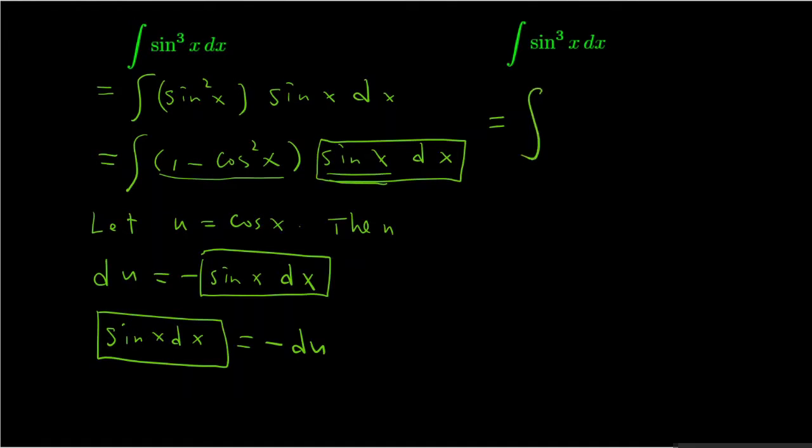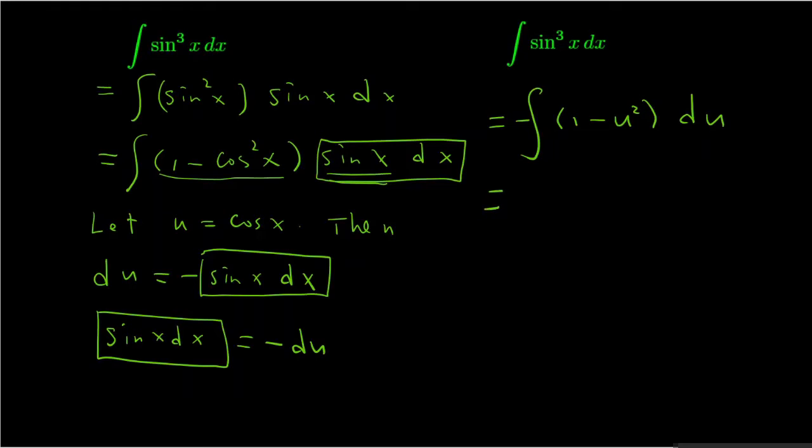The integral of 1 minus cos of x, the whole thing squared, will be converted to 1 minus u squared. Cos of x is u, right? And then the whole thing in the box is negative du. And then this is a polynomial of u, which should be super easy to evaluate.